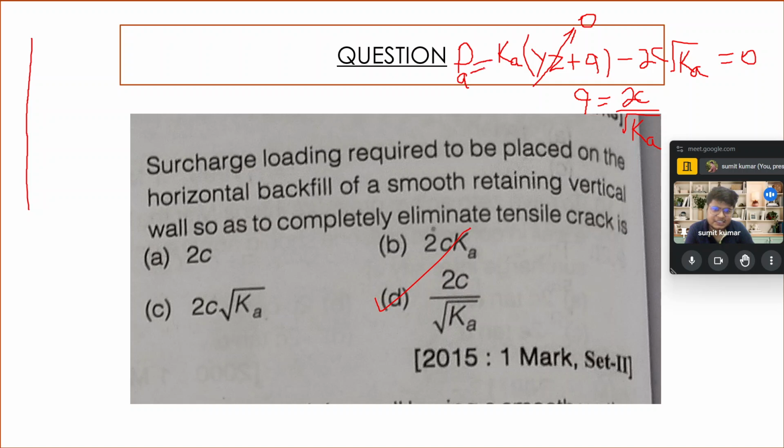And if Z equal to 0, the value is going to be K into Q minus 2C root K, because as the value of Z equal to 0 and there will be no surcharge, the value at the top is going to be minus 2C root K.